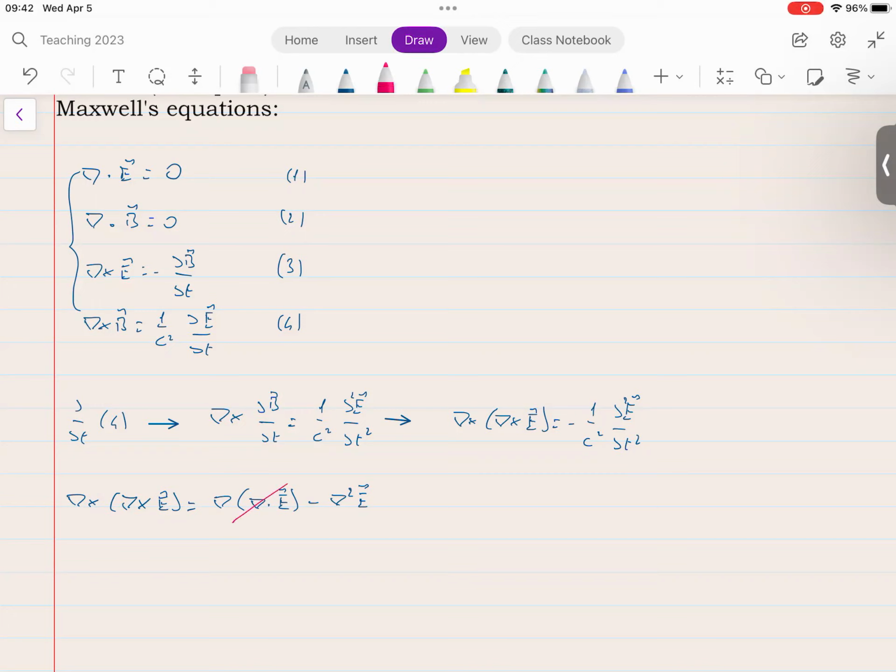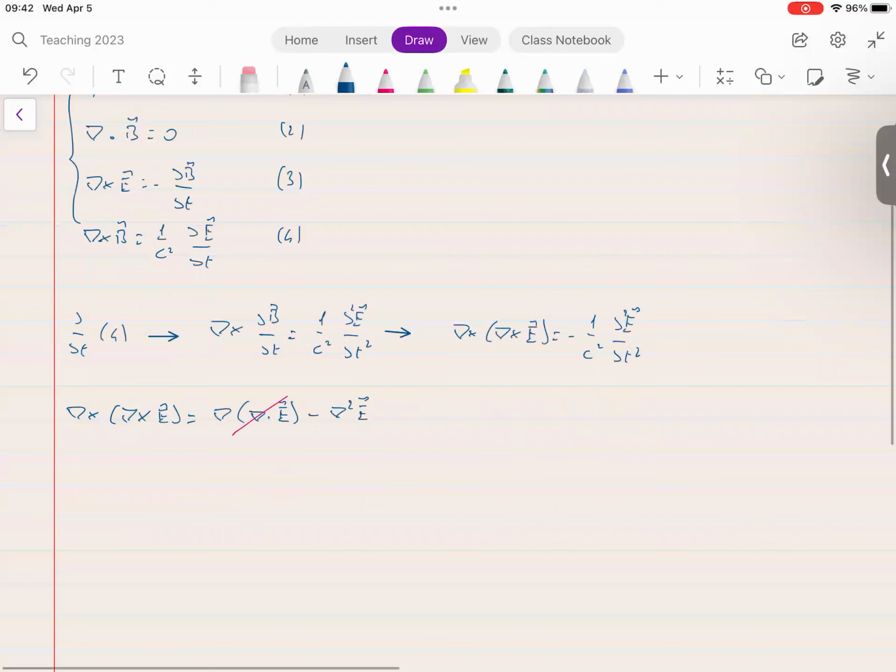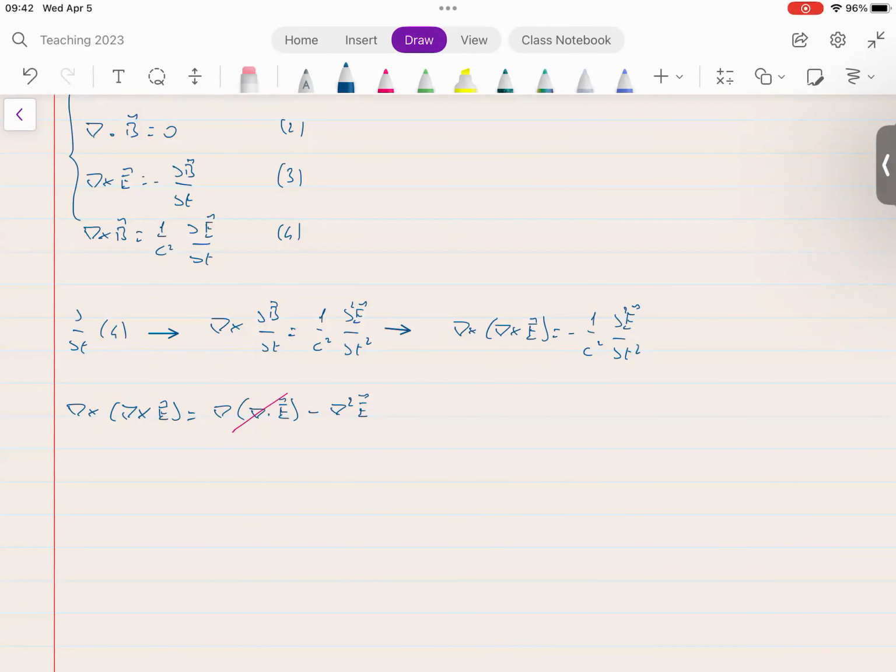Sorry, the equation 1, Poisson's equation is 0, not 1. And therefore, we obtain that del square E is equal to 1 over c squared d2E over dt squared.